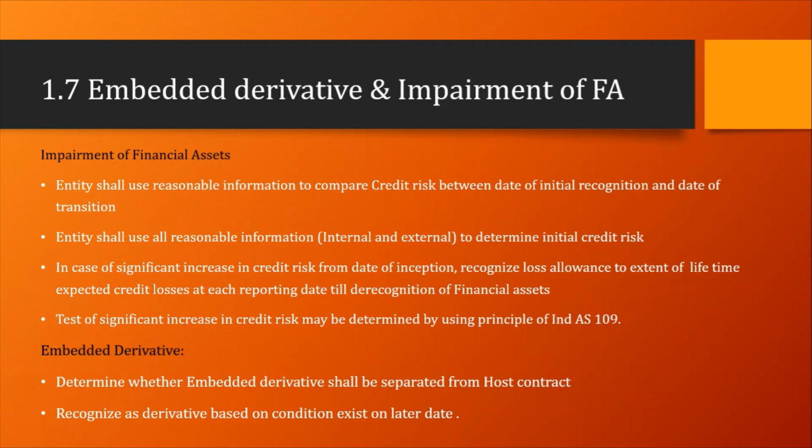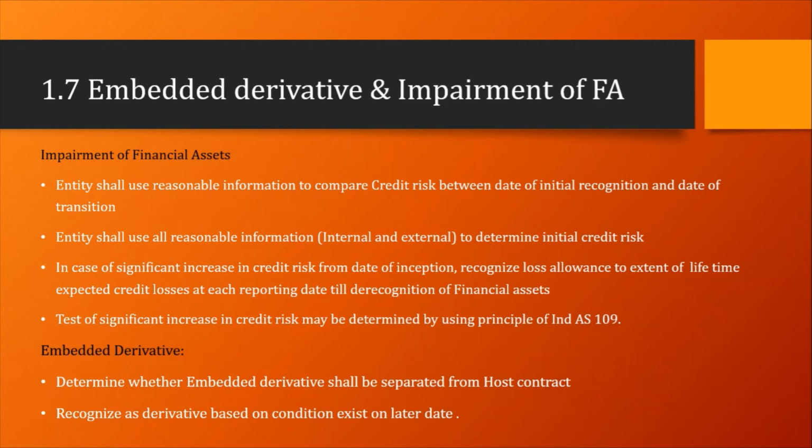So what is the reasonable information? This information may be external or internal, like the financial position of the borrower, capital adequacy of the borrower, payment track record of the borrower, CIBIL report, and revenue generation capacity of the entity. So these things we have to keep in mind for the reasonable information.